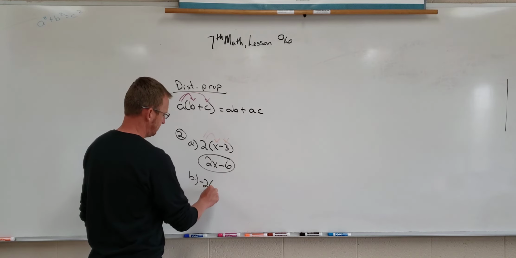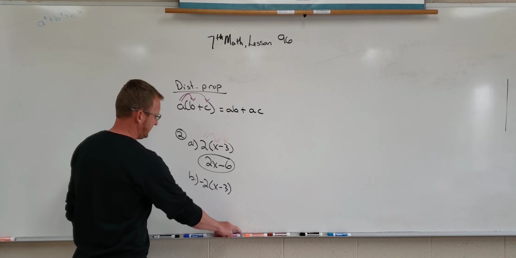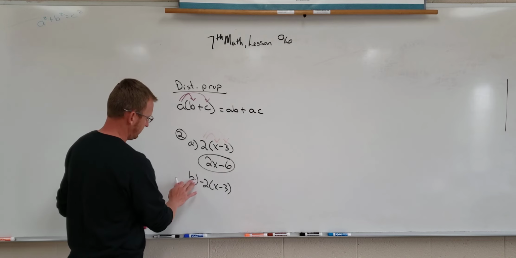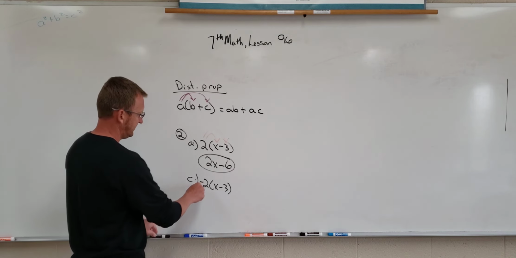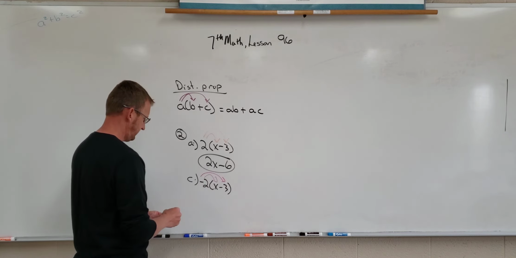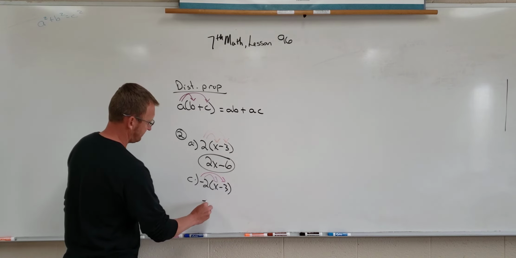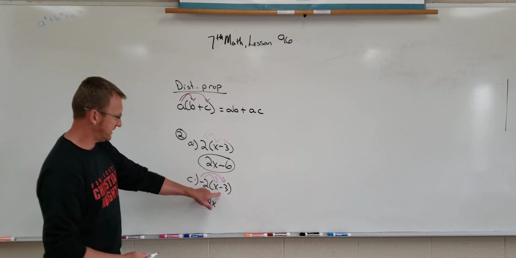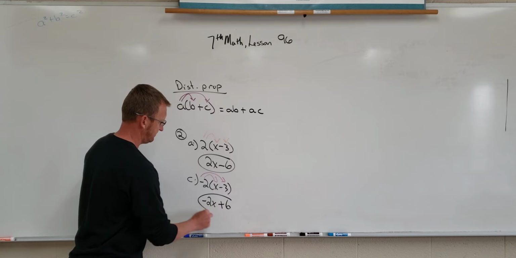Same concept for C, except now we have a negative 2. Sorry, this is actually C. Negative 2 times x and negative 2 times negative 3. So negative 2 times x gives me negative 2x. Negative times a negative gives me a positive 2 times 3, 6.